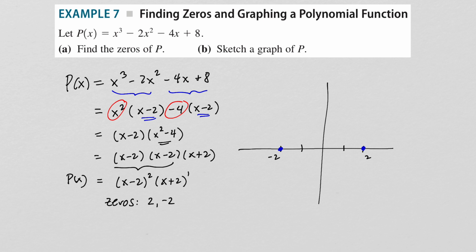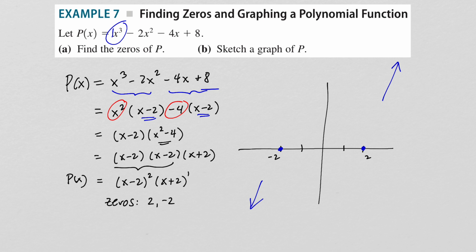And then now the question is, what is it going to look like in terms of end behavior and in terms of the behavior at the zeros? Well, it's an odd degree polynomial with a positive coefficient. So that means we know it must go up on the right side and it must go down on the left side. But how does it behave at the zeros?